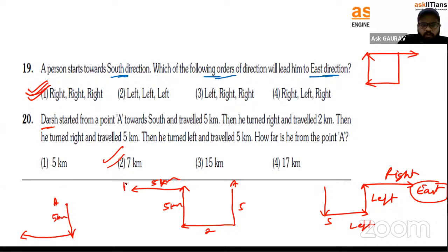If you reach this point B, the distance of AB will be 5 plus 2, 7. Yes, the answer will be second option. Very good. Got it? Yes, 7 kilometers.